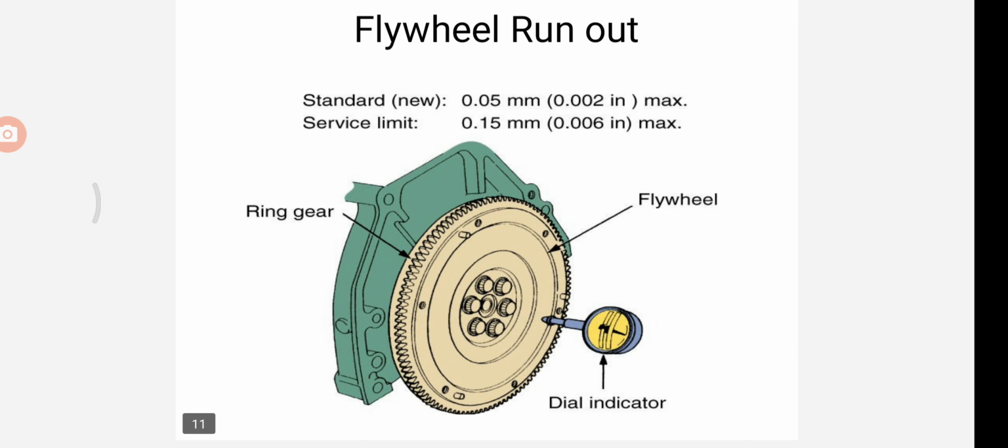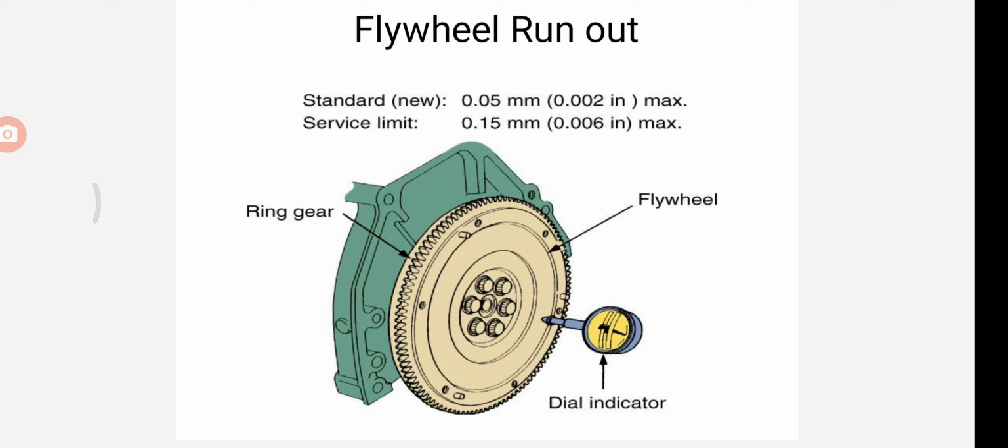See, this is the flywheel runout. We check the runout with the help of a dial indicator, which shows the runout of the flywheel. For higher rotation it should be in the correct position. If it is misaligned, we can't get the rotation properly.